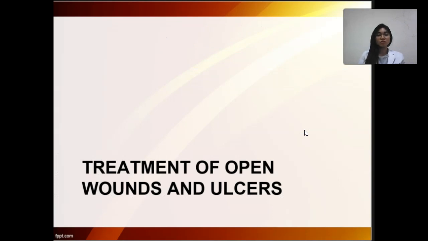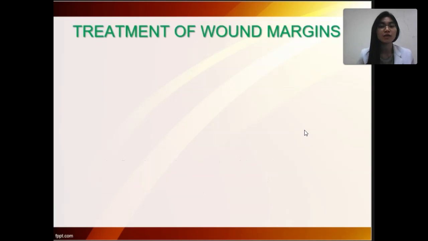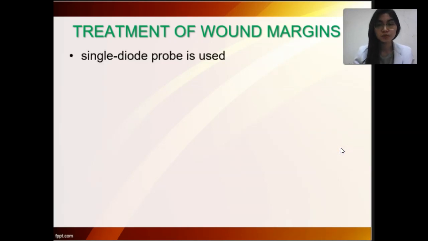So speaking of wounds, treatment of open wounds and ulcers. If it's the wound margin, when we say wound margin, yung edges lang ng wound, hindi yung wound itself. Just the edges around the wound. We use the single diode probe.